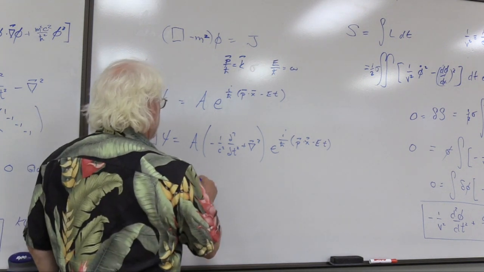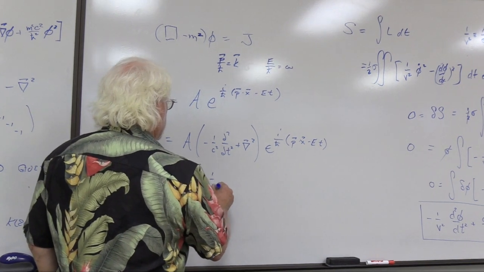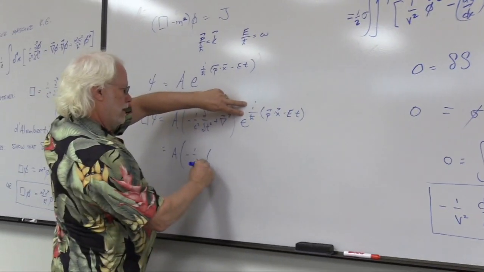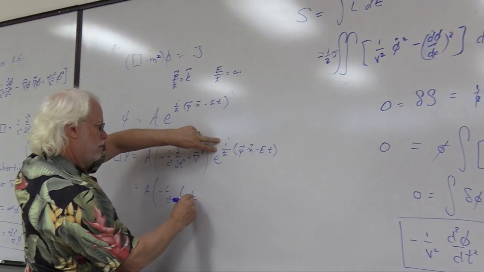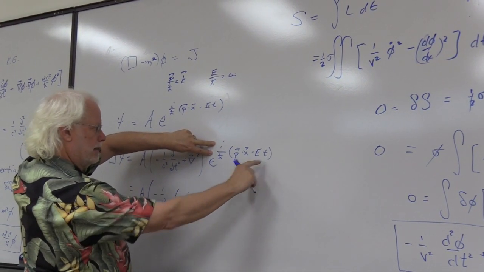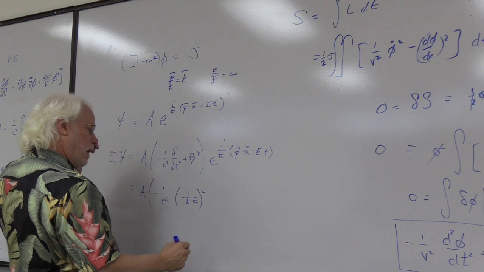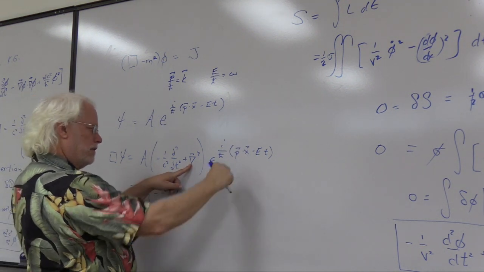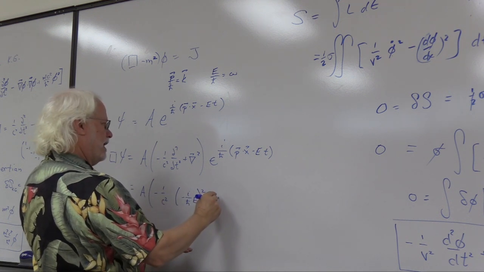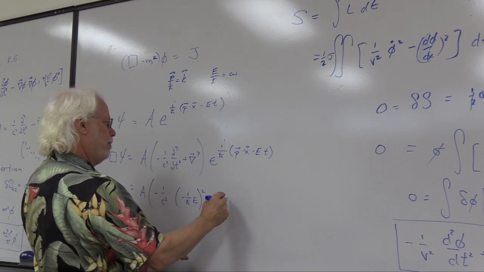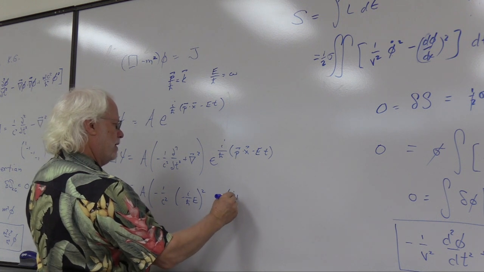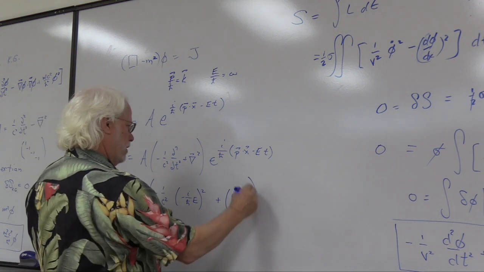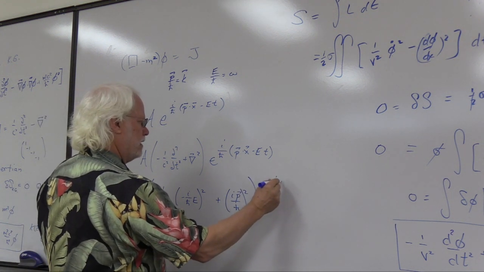Well, let's carry out these derivatives. We have minus 1 over c squared. d/dt is going to pull down minus i E over h bar. It's going to hit this, and it's going to pull down that squared, and then leave the exponential. Del squared is going to pull down the coefficient of the x. So we're going to have plus i p vector over h bar quantity squared. All of this times the wave again.